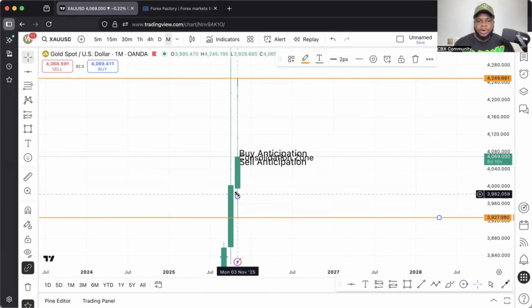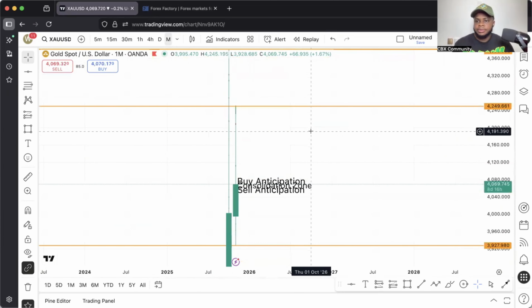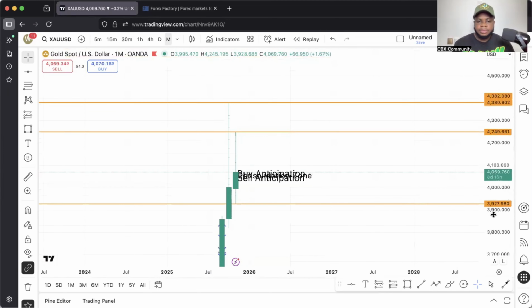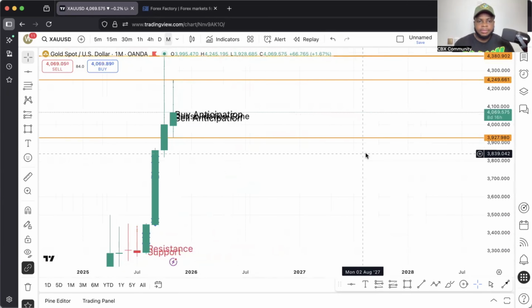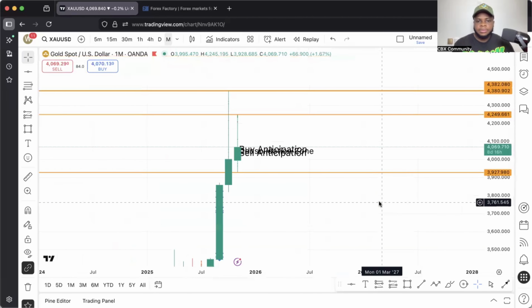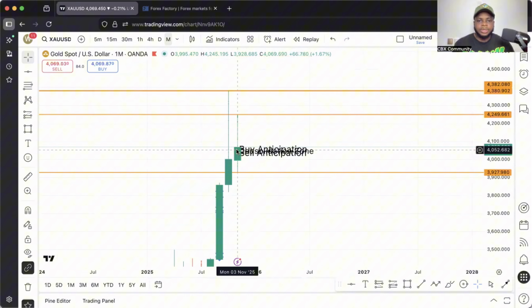This is the low of this candle, and this is the high of this candle, and this is the all-time high on gold. So we are in an uptrend. It's left with 8 days before this candle will close.